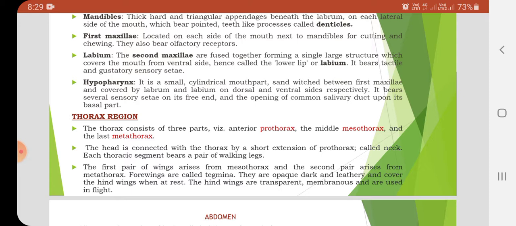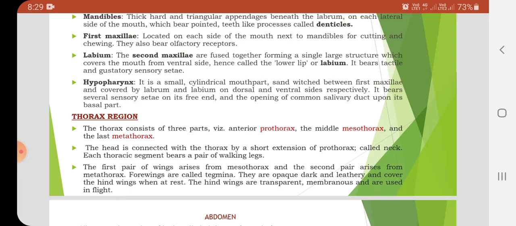Then the third part is the exopodites. These are completely separated and form the three-segmented labial palp with sensory bristles and arise from the small ridge called palpiger of the prementum. The next and last part is the hypopharynx. It is also called lingua or tongue.